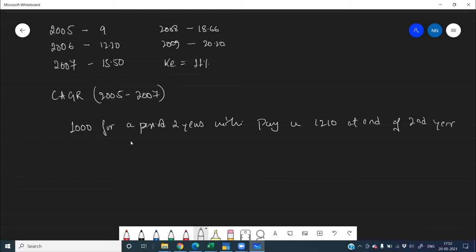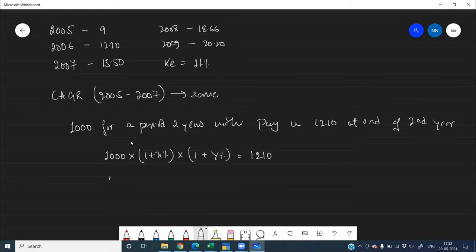How would you solve this? आप कैसे how would you solve it? You would say 1000 multiplied by 1 plus x percentage, that is year 1 ka interest, into 1 plus y percentage, that is year 2 ka interest. That is going to fetch me 1210. Okay, here you are told that the interest rate is going to be same.